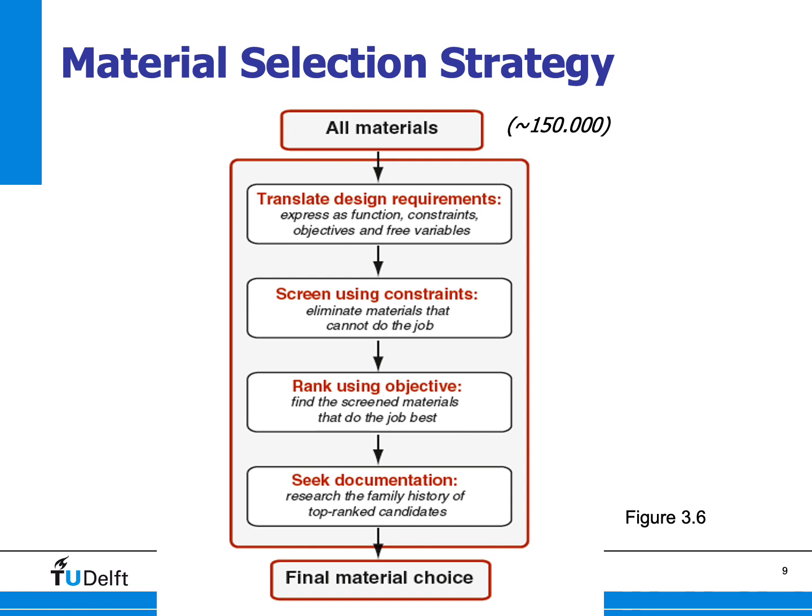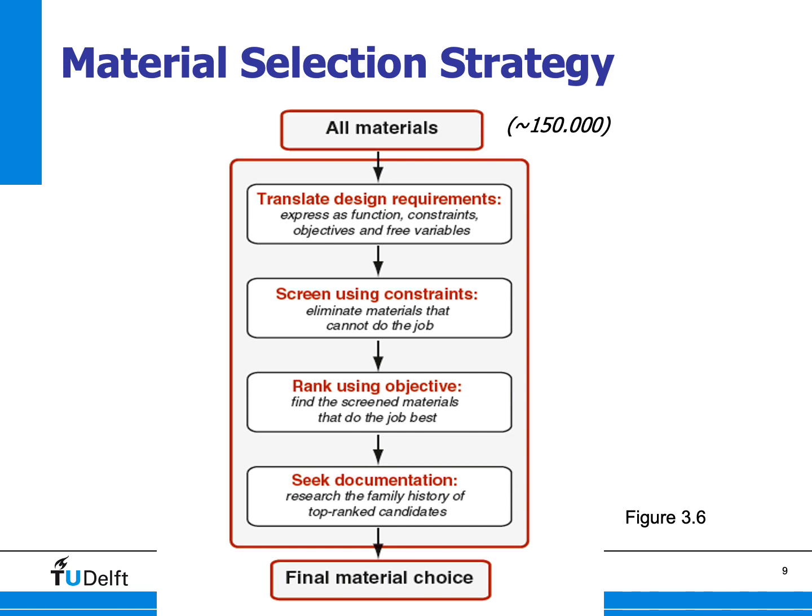Then there is a screening step, and in this screening step we use the constraints to eliminate materials that cannot do the job. The next step is to rank the materials using the objective. So we'll find materials that can do the job best, and the best material is then ranked as number 1.